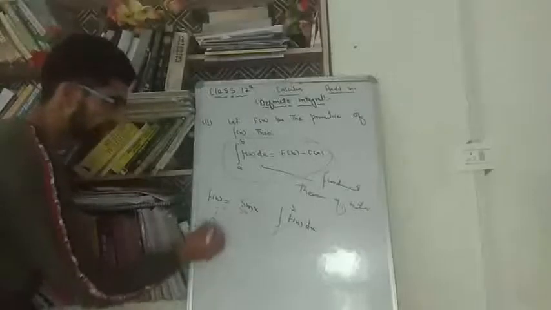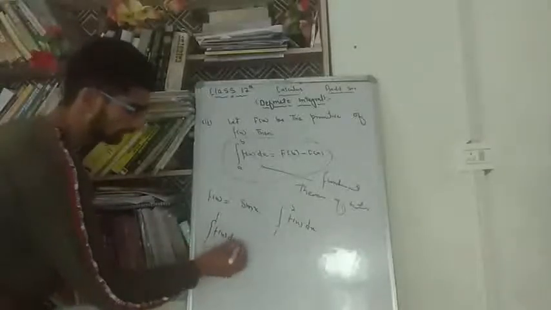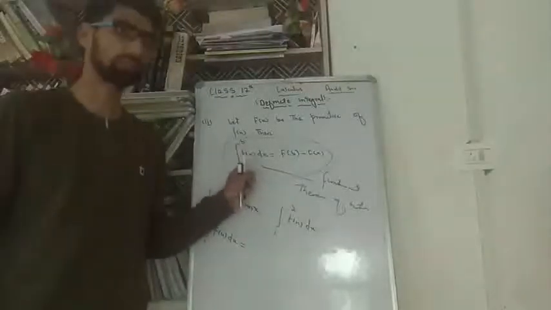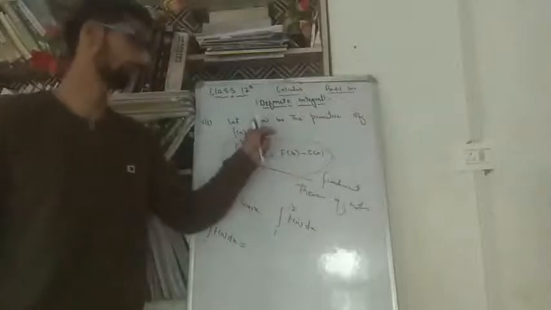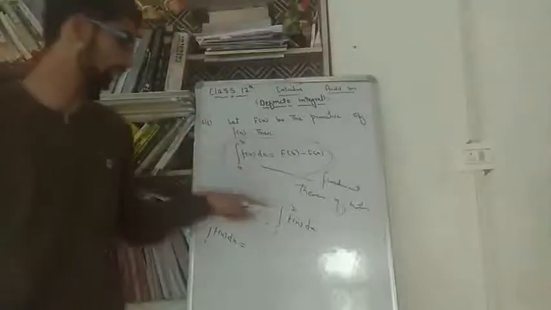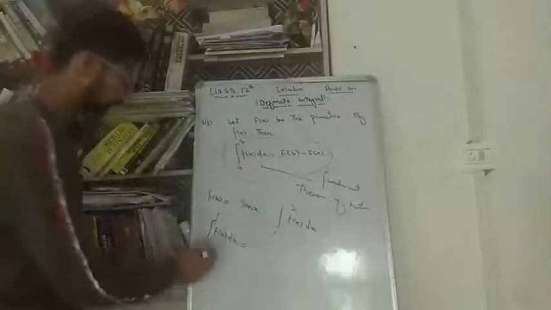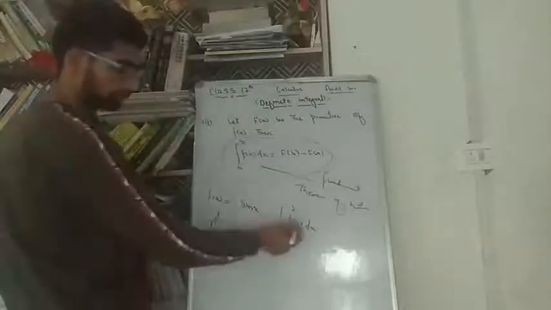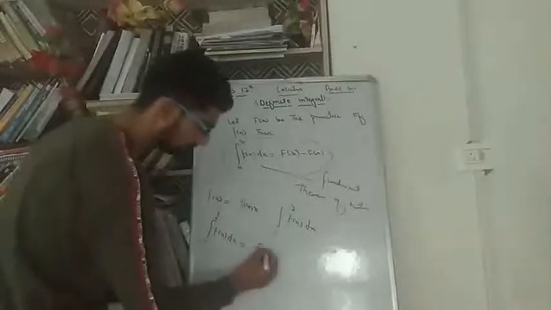So we have to first find out the primitive of this function, and in that primitive we have to put this b and a, these 2 and 1. We know the integral of sin x is minus cos x, and then we have the limits 1 to 2.